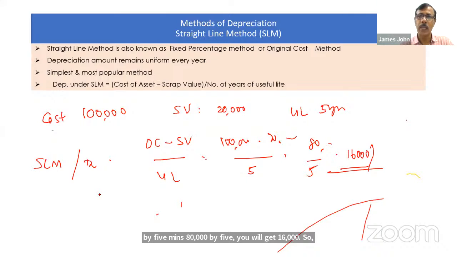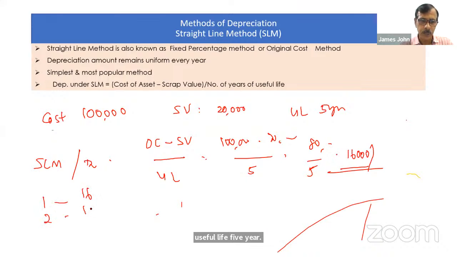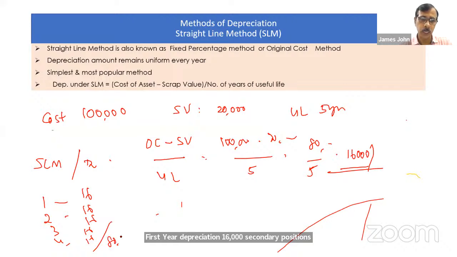That means with useful life of 5 years, first year depreciation 16,000, second 16,000, third year 16, fourth year 16, and fifth year also 16. Put together, 80,000. So 80,000 they will provide for 5 years, and at the end of 5 years the book value of the asset will be 20,000, and they will sell it for scrap and realize it and make the value of the asset 0.